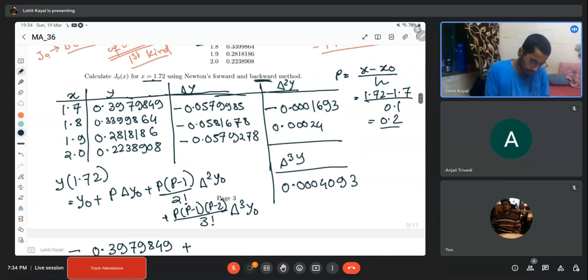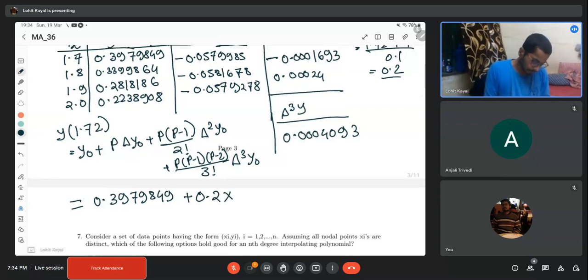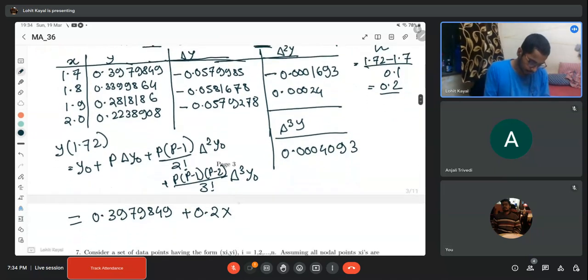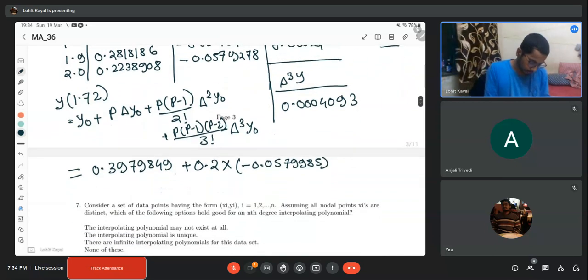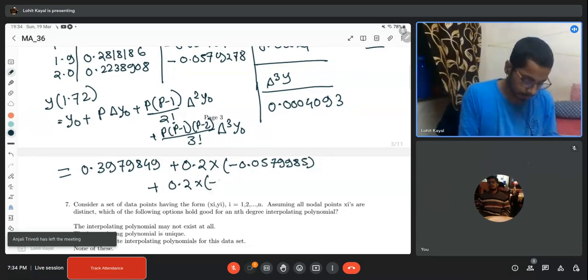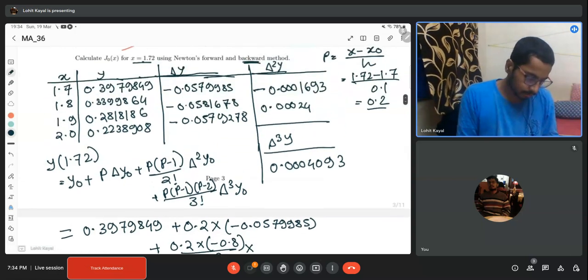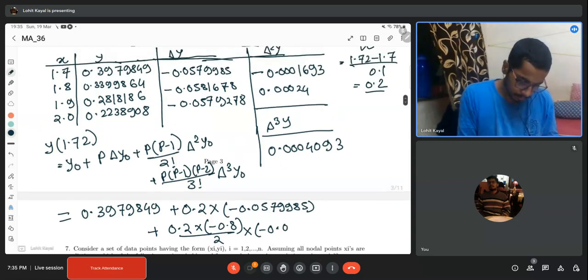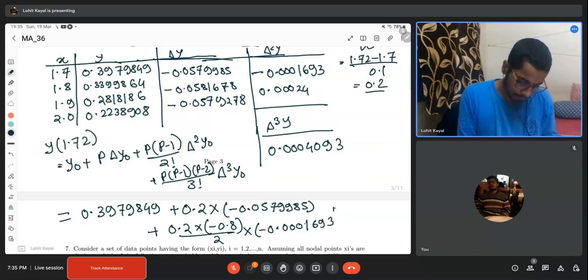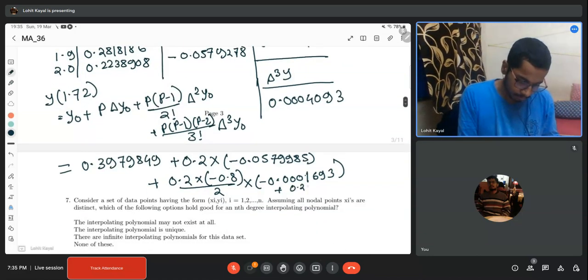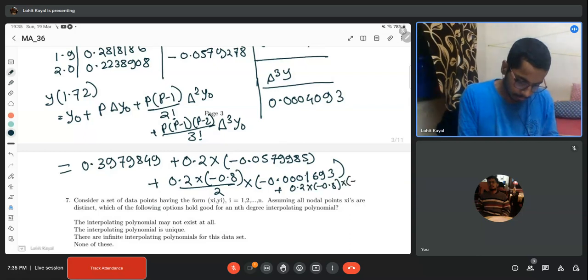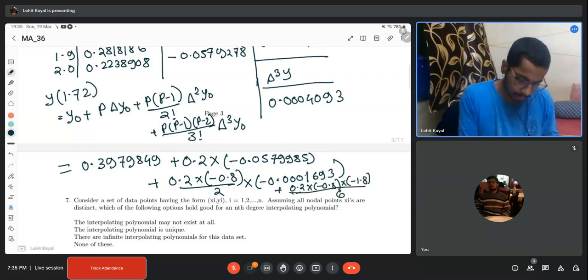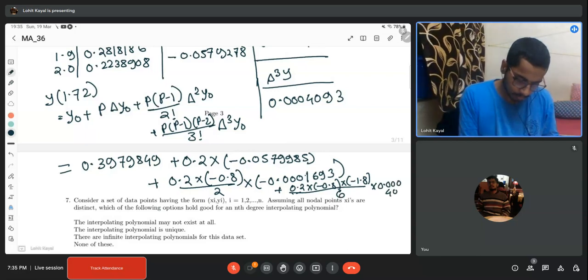Plus p, which is 0.2, into delta of y naught, that is minus 0.0579985, plus 0.2 into 0.2 minus 1, that is minus 0.8, divided by 2 into delta square of y naught, which is again negative, minus 0.0001693, plus 0.2 into minus 0.8 into minus 1.8 divided by 6 into 0.0004093.